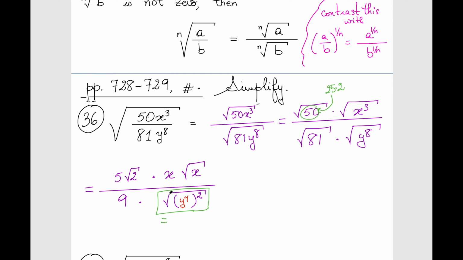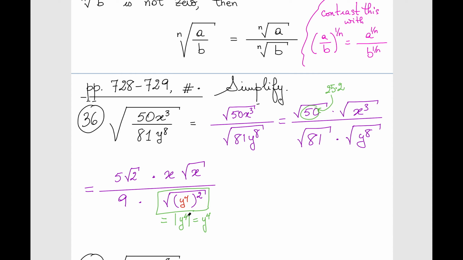So what we're using is the nth root of a to the n in the previous section. The nth root of a to the n is the absolute value of a when n is even, and the n is even because it's 2. So this is absolute value of y to power 4, correct? But y to power 4 is non-negative regardless what y is, so hence the absolute value has no role in this business anymore, right?